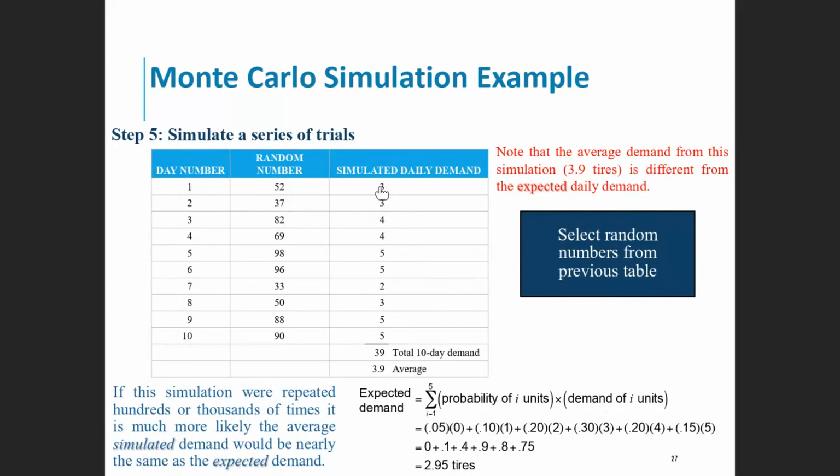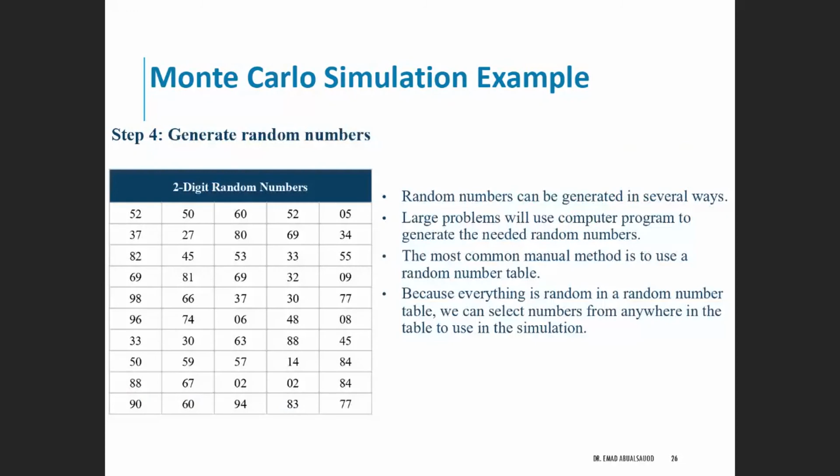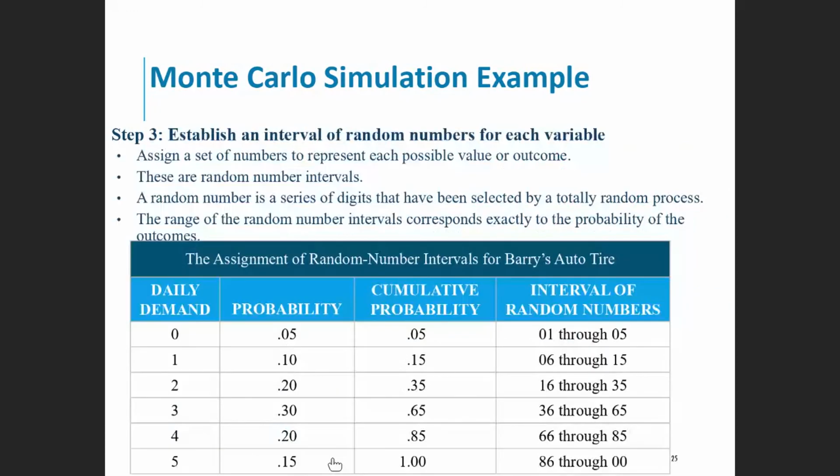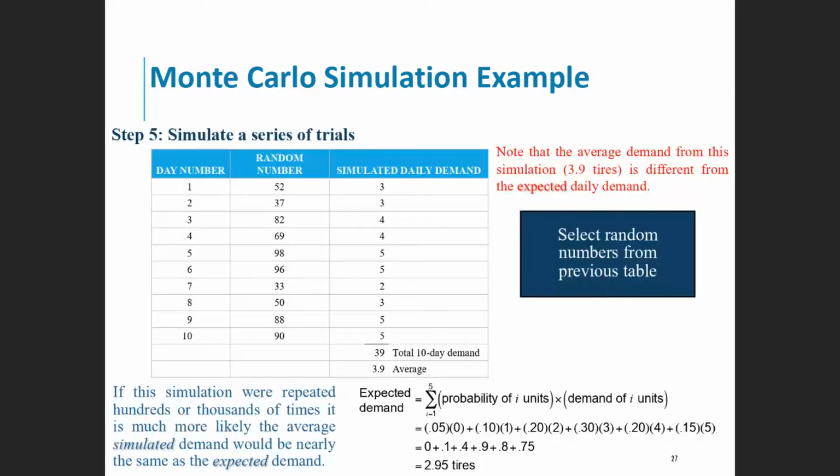Okay, let's take 98. For the number 98, you go to the interval you have established in step number 3. 98 is in the last interval, and the demand at that interval is 5 tires. So you put the 5 as the simulated demand.